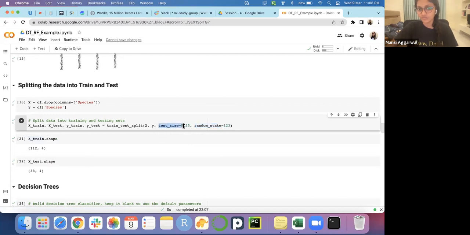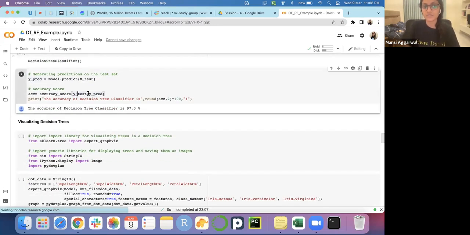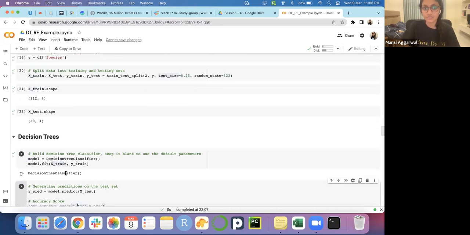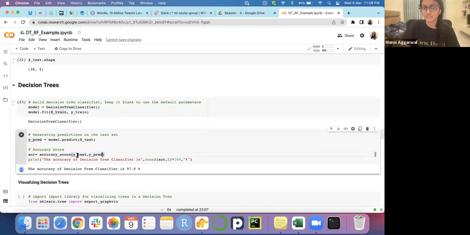If I remove this, it will understand 0.25, but under different circumstances, it depends on whether the decimal value is unique to this particular parameter. But here, if I'm not using the parameter value, this order is essential. The first is the ground truth, that is the real values, and the next one is the predicted values.